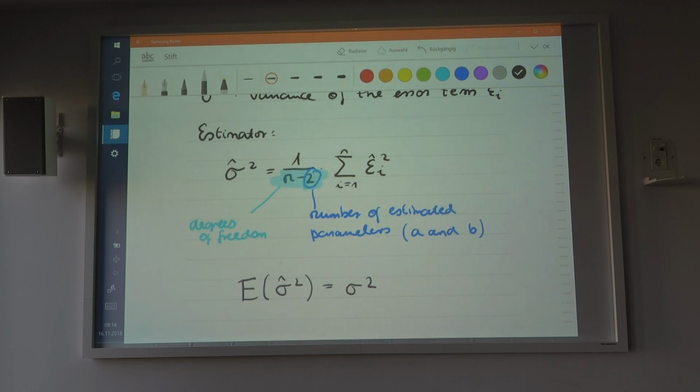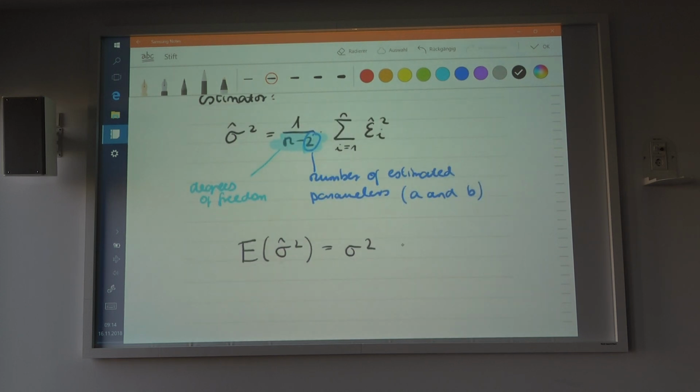So that's how it's going to be estimated. This is unbiasedness. Good. I hope that you remember this.